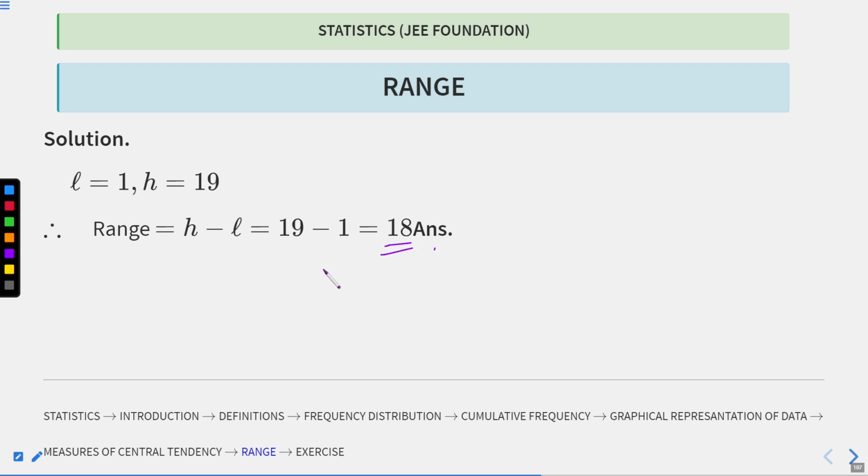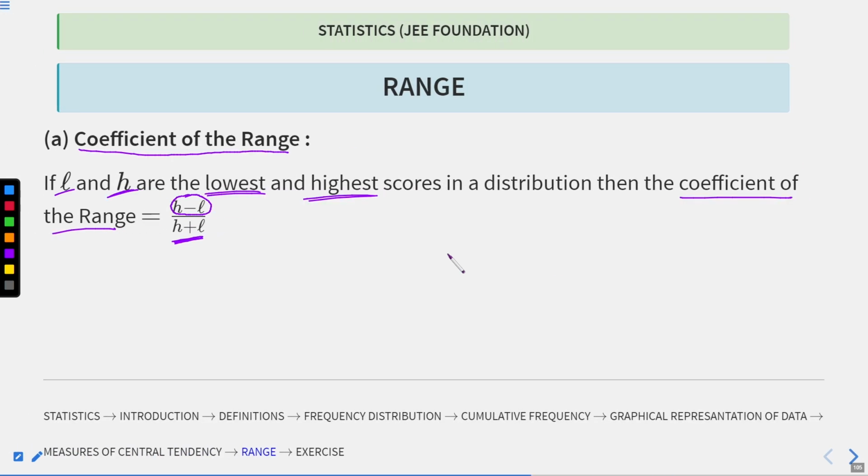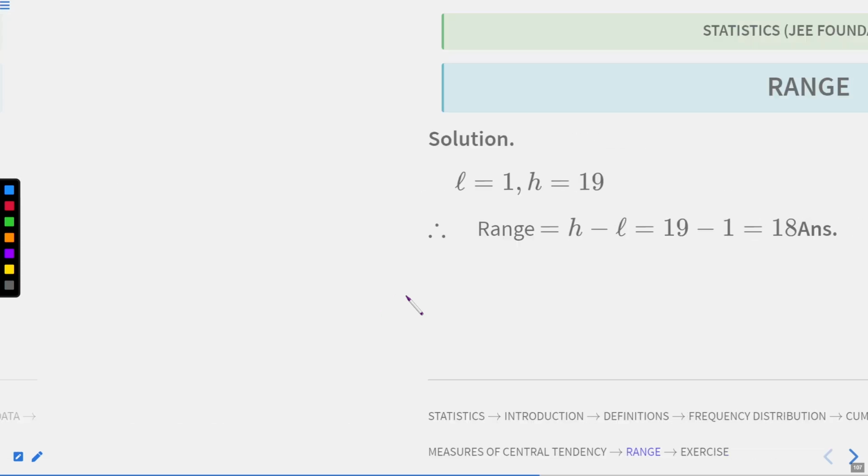If asked for the coefficient of range, it is the highest minus the lowest over the highest plus the lowest, which is 18 by 20. That is my coefficient of range. I hope from the formula you understood. In this example, you saw what my answer will be.